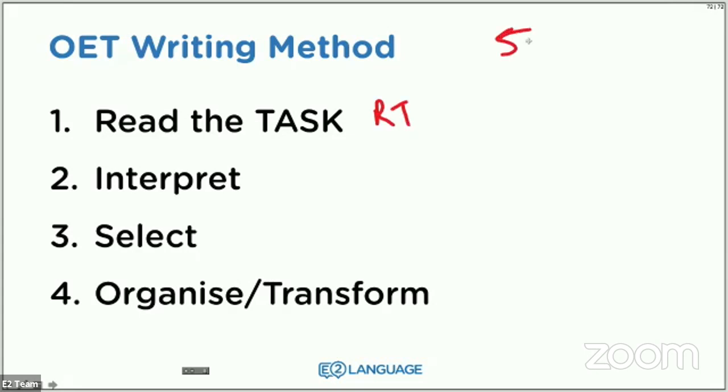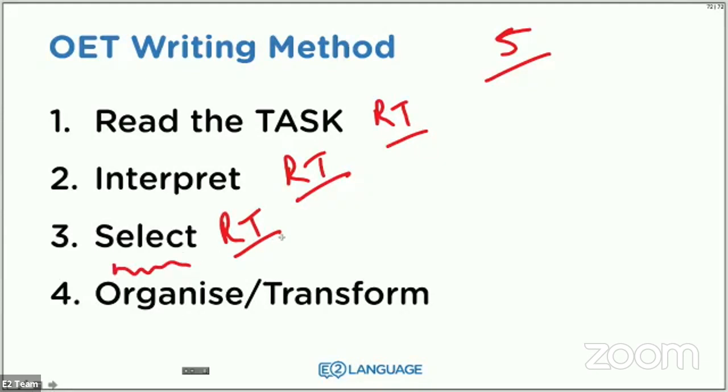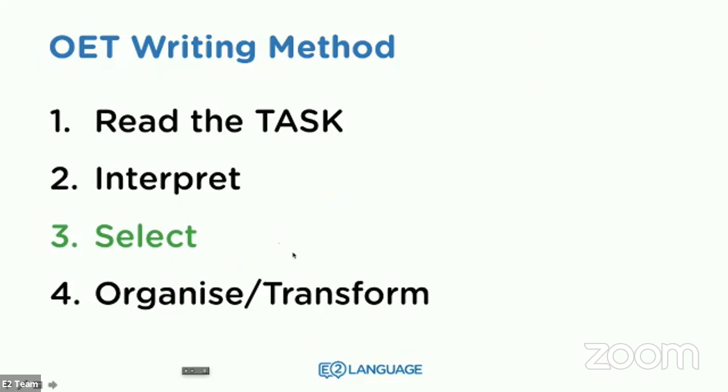Remember, you get 5 minutes reading time. You also interpret those case notes, because you read them and interpret them. And after you've interpreted, you can use the reading time, in your mind, before you start writing, to start to select case notes. We're going to focus on this one in particular in this lesson.